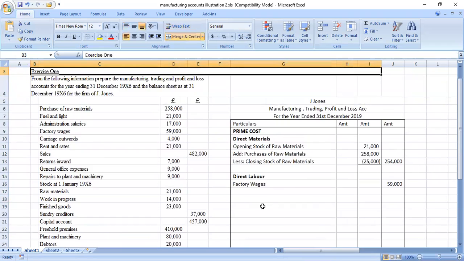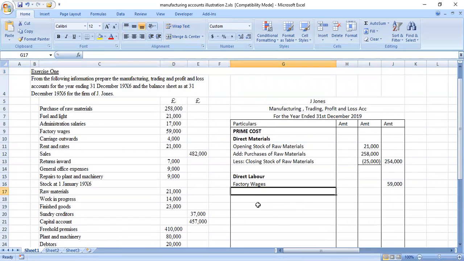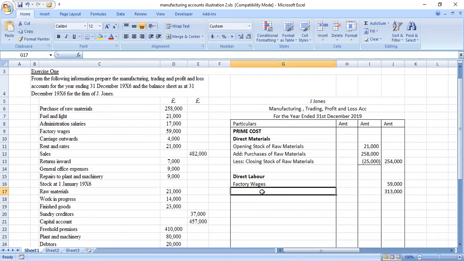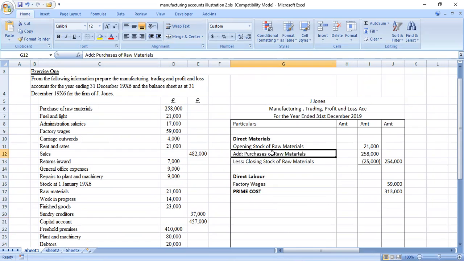So no direct expenses. If there were direct expenses, you would put them here to get the prime cost. So now we have direct materials plus direct labor, which will give us the prime cost, which is 254,000 plus 59,000. That is our prime cost.